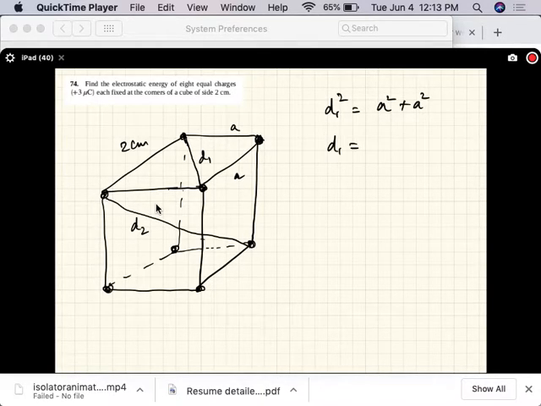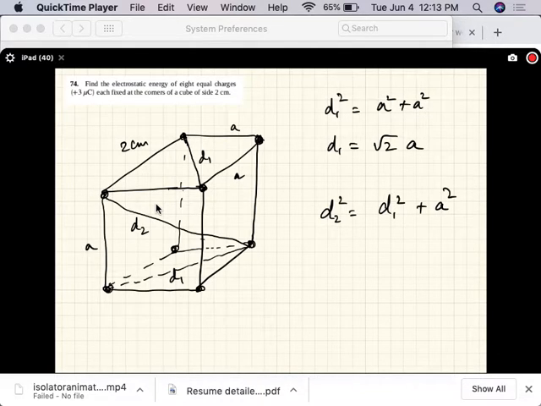So D1 is root 2 times A. D2 square is D1 square plus A square, and this is also A. So D2 square is 2A square plus A square equal to 3A square.